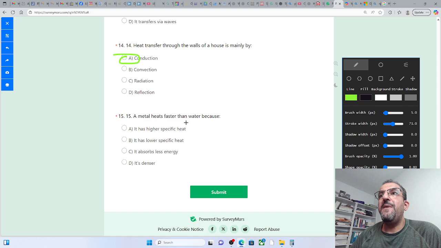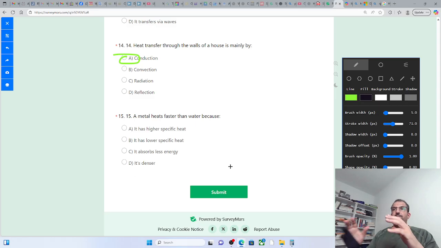Metal heats faster than water because it has higher specific heat, it has lower specific heat, it absorbs less energy, or it is denser. When we think about metals, metals have lower specific heat.